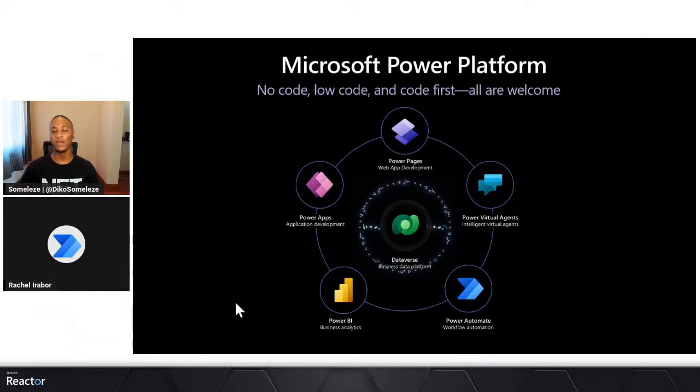Then you can add automation to your solution using Power Automate, which is something that Rachel is going to show us today. And then you can bring in business intelligence or business analytics using Power BI without writing any code. What's common within the Power Platform products is that you can use Power Fx to add your business logic to your solutions.